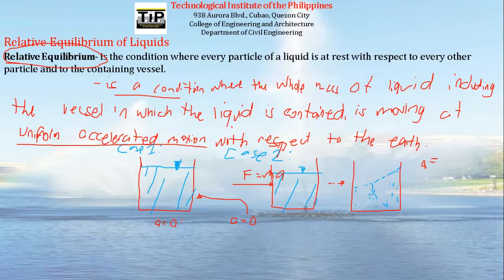If it has zero acceleration, either it's stationary or it has a constant velocity, then it falls under case 1, in which the water is in equilibrium.